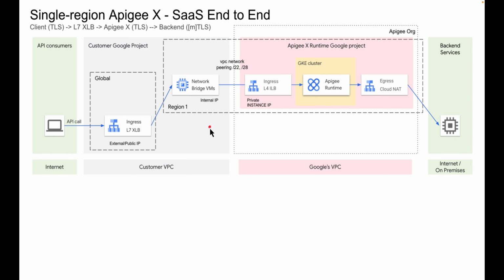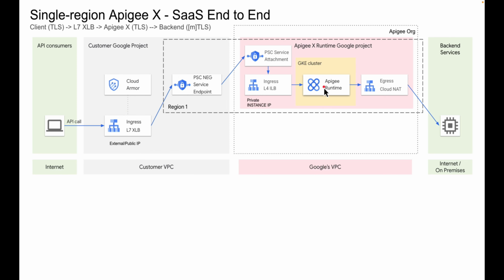So the first option is an external load balancer to give an external entry point to the different client applications, and through this external load balancer we are able to reach the Apigee runtime with what we call bridge VMs, a managed instance group of VMs, as I said, to cross the VPC peering and reach the Apigee runtime.